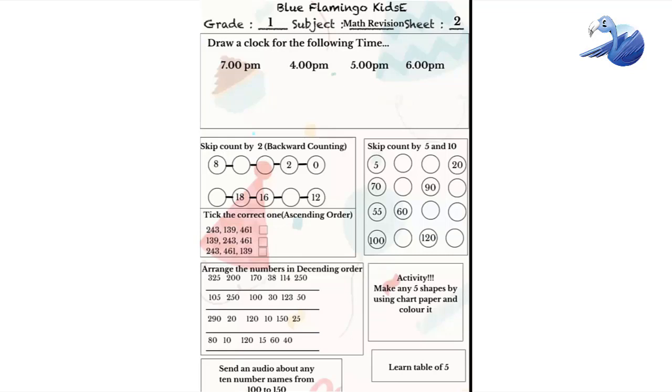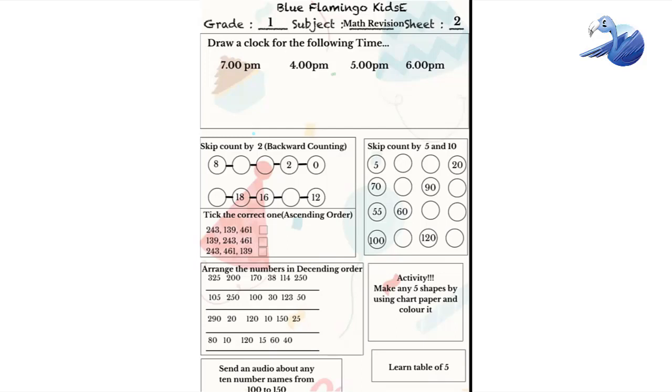This is correct, because in this order we firstly write down small, then big, then the biggest number. Next is 243, 461, 139. This is also wrong. So the second row is the correct answer: 139, 243 and 461.